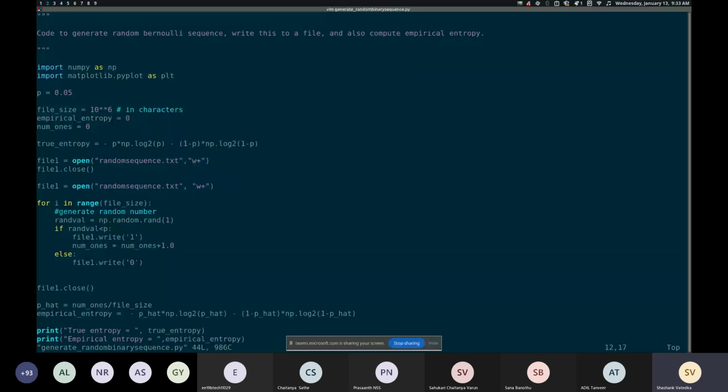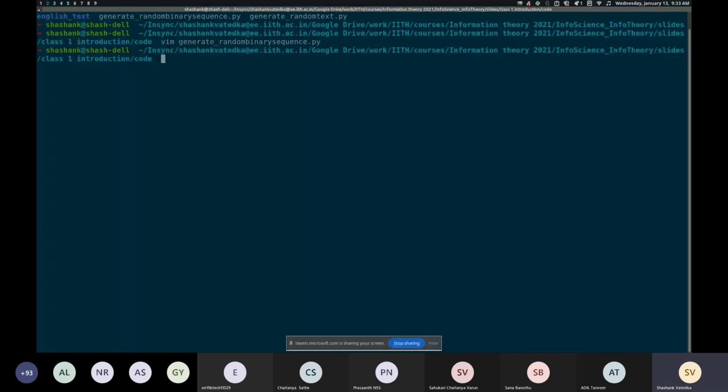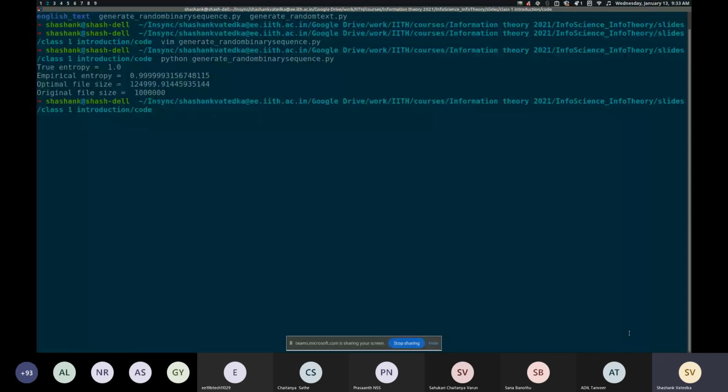So let's start with p equal to 0.5. It's going to take a few seconds. The file size is 1 megabyte over here.